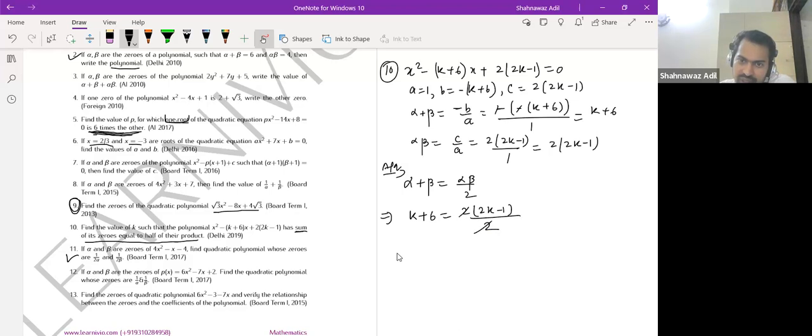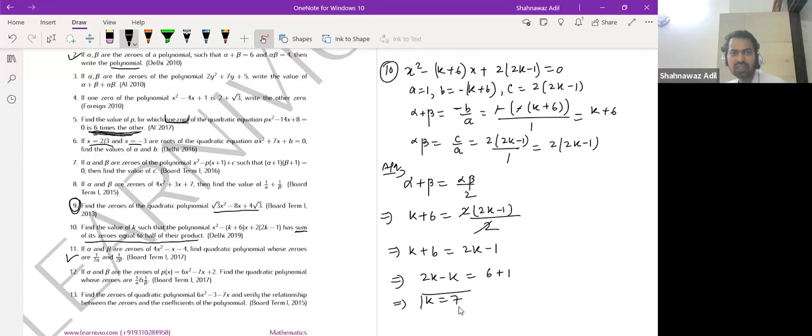So this 2 cancels and we have k plus 6 equals 2k minus 1. So this goes in there and this comes here. So 2k minus k equals 6 plus 1, so k is equal to 7.